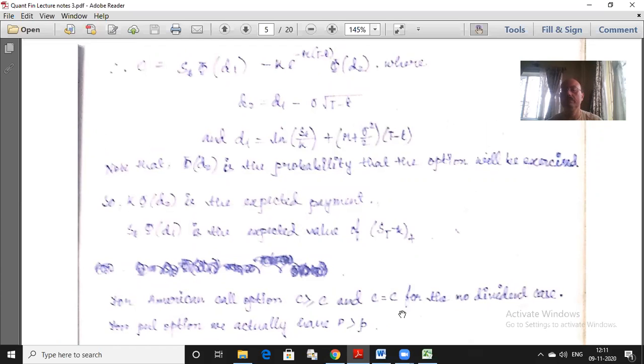For call. If you remember the binomial model discussion we had earlier, we argued that if there are no dividends, it is never optimal to exercise a call option early. Even if you have a European option and an American option, you will wait for the last day to exercise.